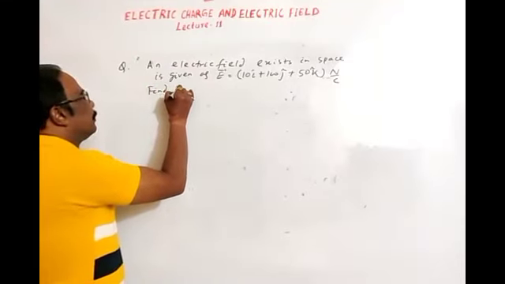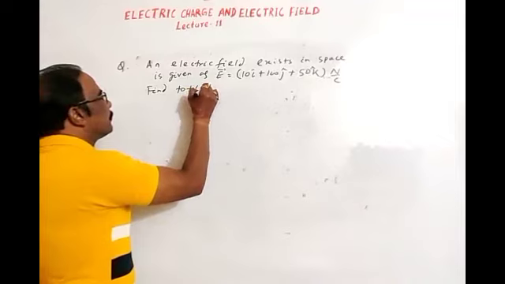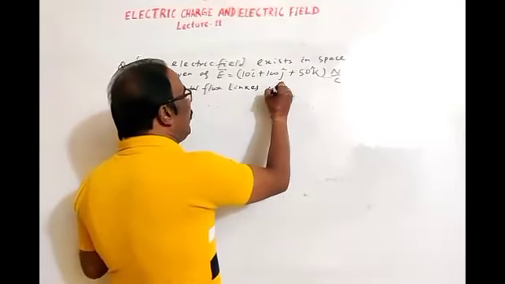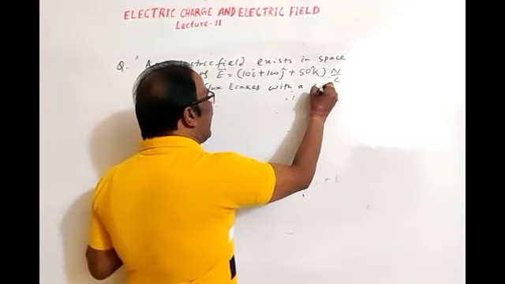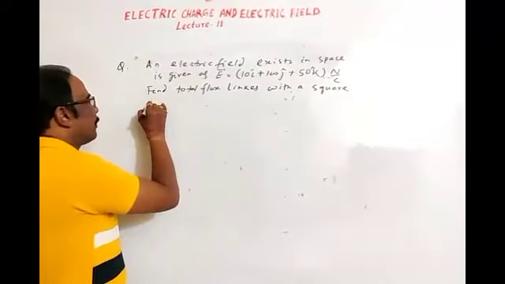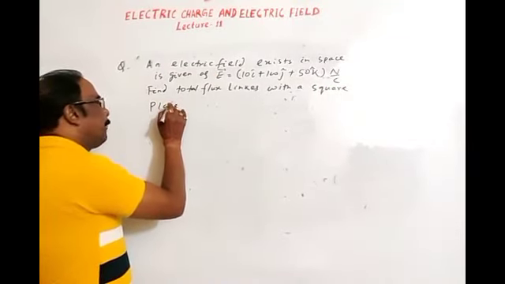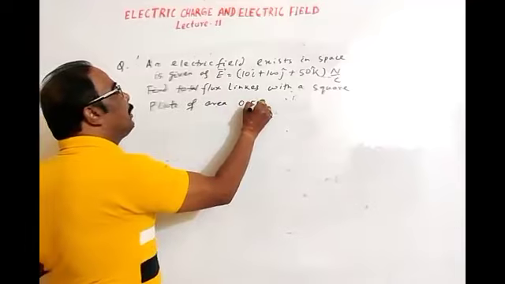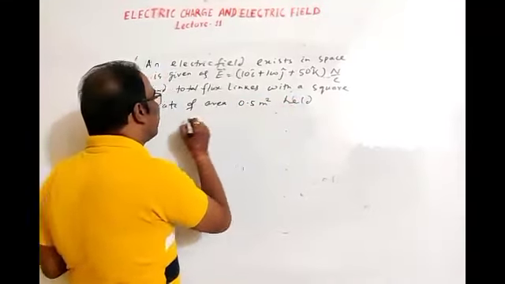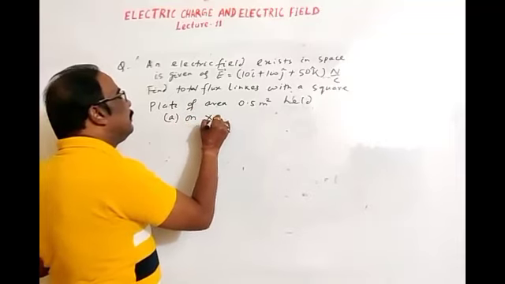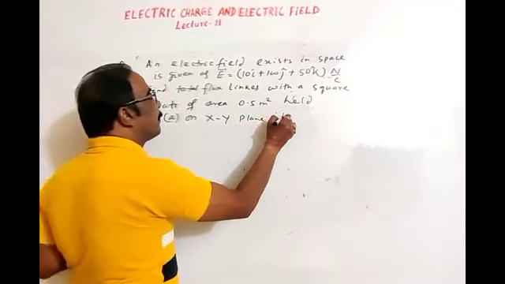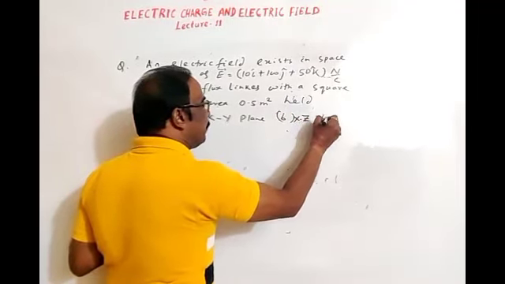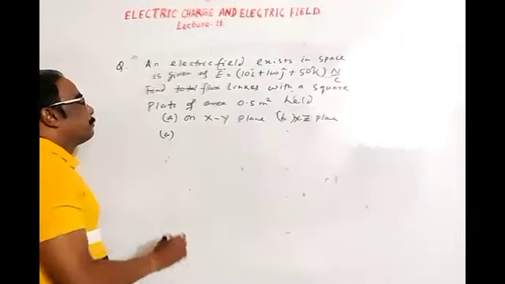Find the total flux linked with a square plate of area 0.5 meter square held, first in part A, on the XY plane, and in part B, you may take any plane, the XZ plane.